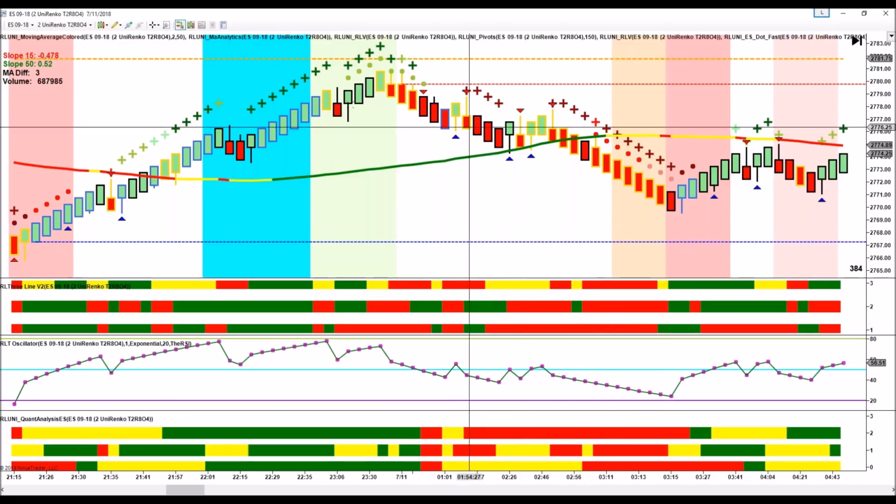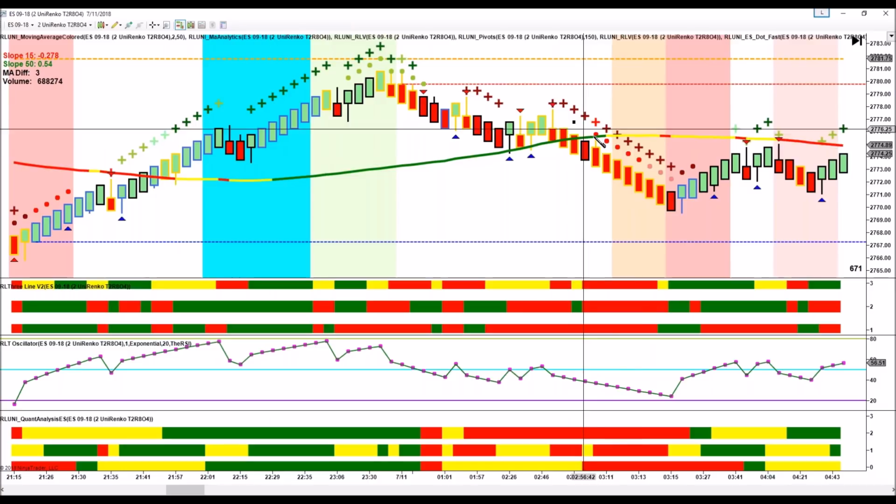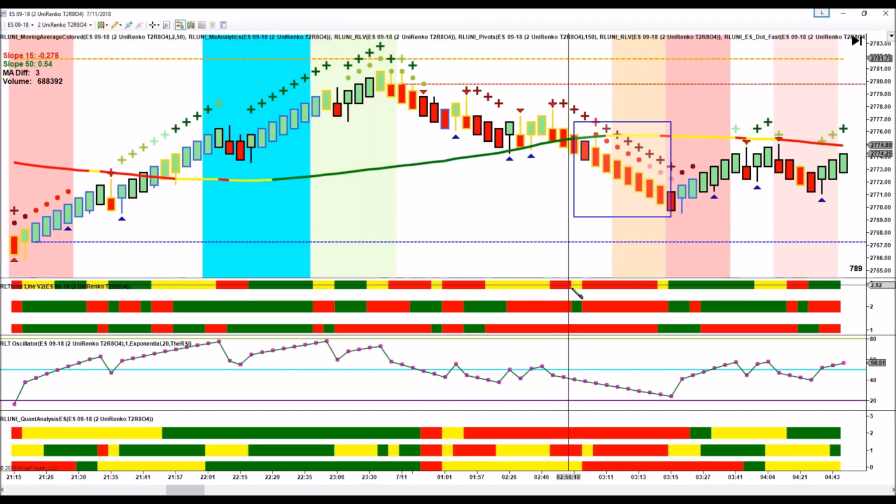You know what it is? When you have two indicators looking at the same data in a different way, they give you more specificity. And the more specificity you have, that's where you get specificity.